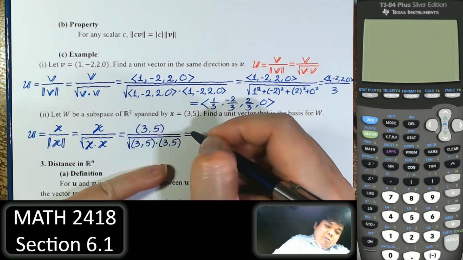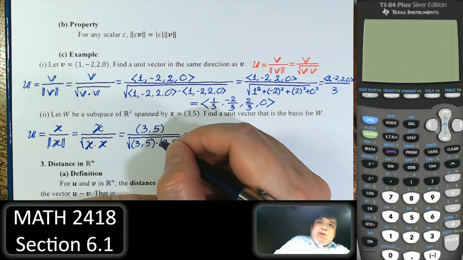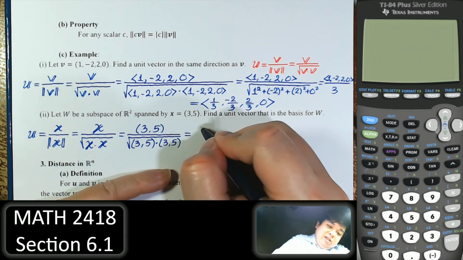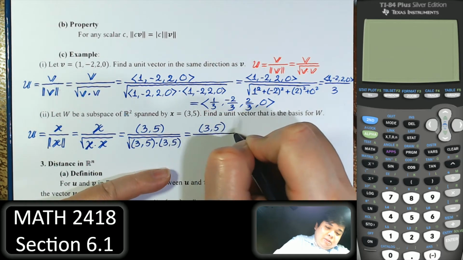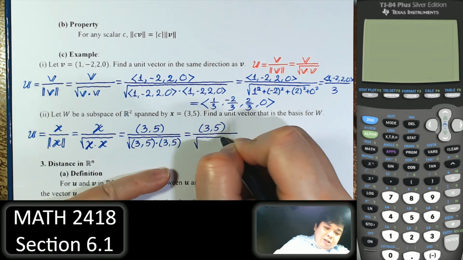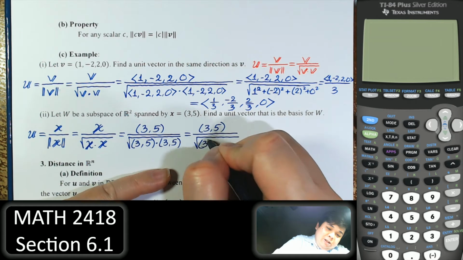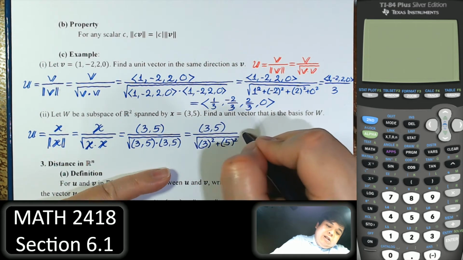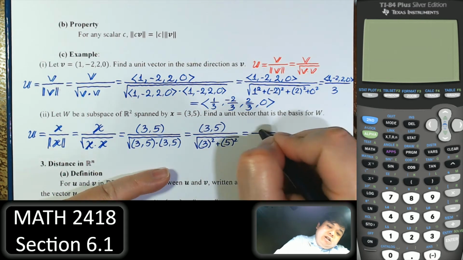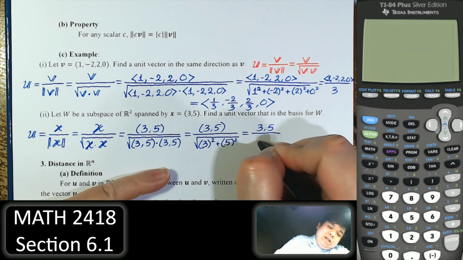Bracket, parentheses, vector form, column, doesn't matter. Right, 25 and 9, that should be 34. Square root of 34.